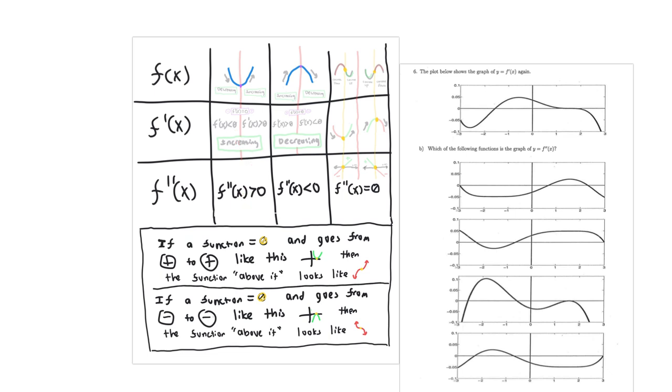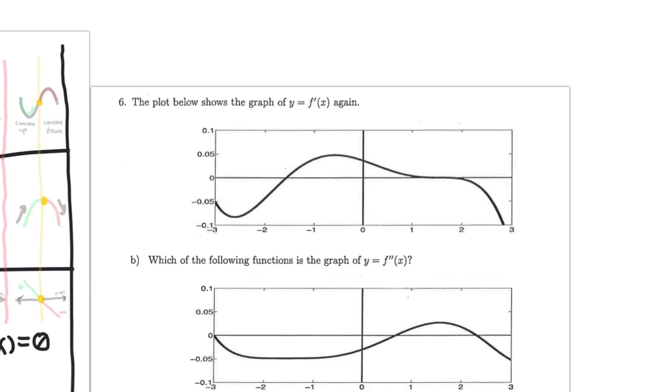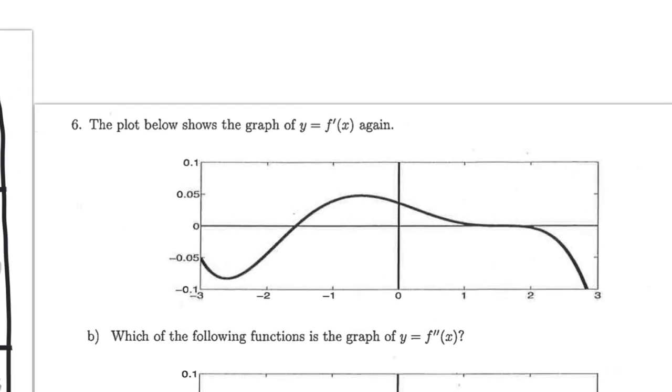Now, I'm going to say clearly whether or not f prime of x, the original graph, is increasing or decreasing matters. So what I'm going to do, believe it or not, is label in green all the areas where f prime of x is increasing, and label in red all the areas where f prime of x is decreasing.